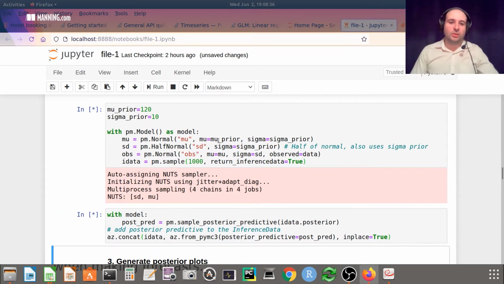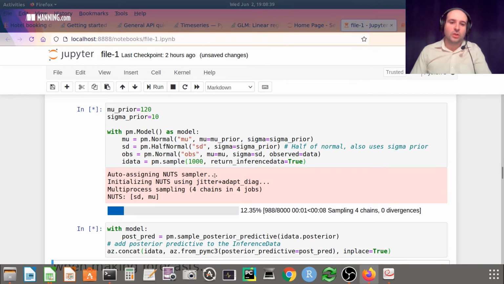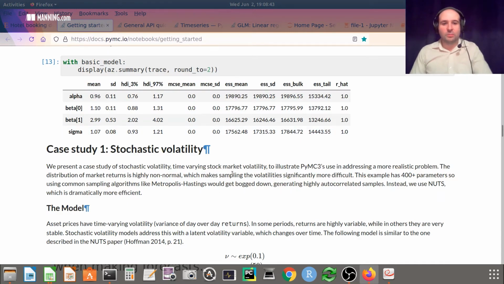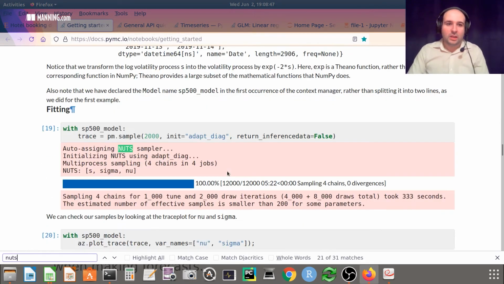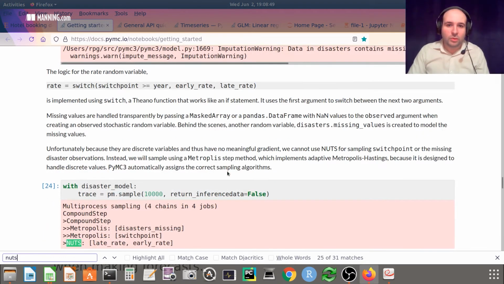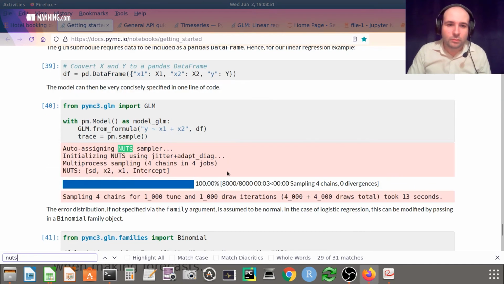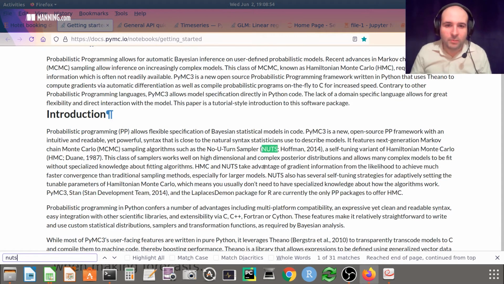What's being used here is what's called the NUT sampler, or the No U-Turn Sampler. If we go to the PyMC3 documentation while that's running, you can see that the documentation describes it as a type of Monte Carlo method, but more efficient in that it's better at sampling.